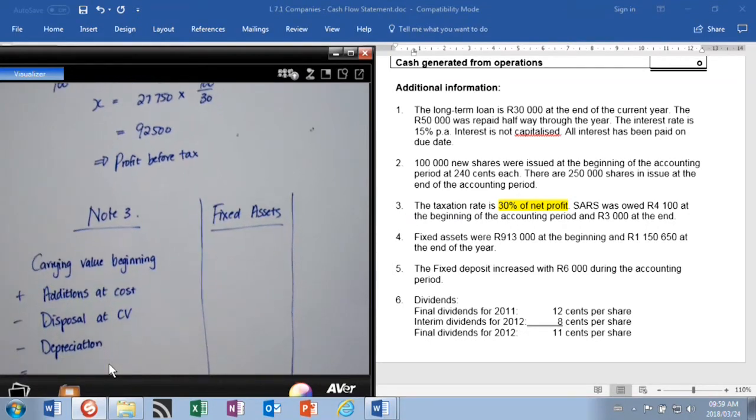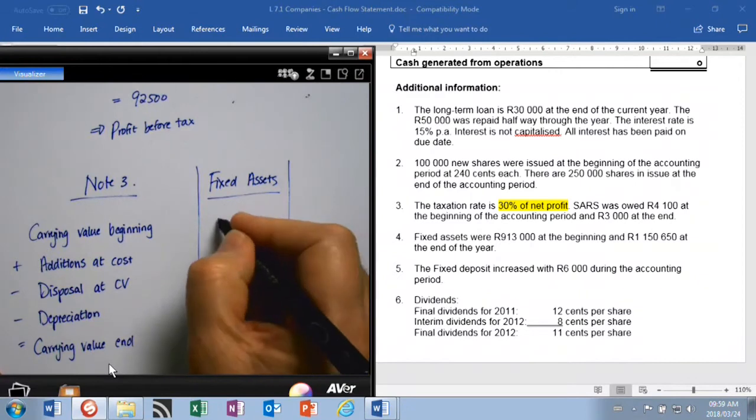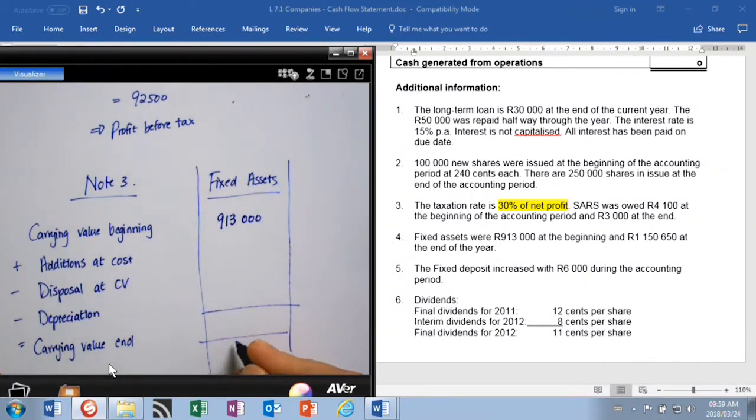And that gives you the carrying value at the end of the year. It's a little bit rough. They mentioned that the fixed assets were 913,000 at the beginning of the year and 1,150,650 at the end of the year.